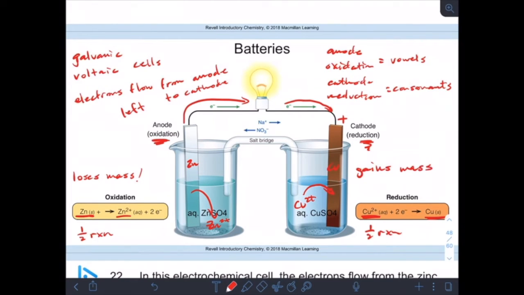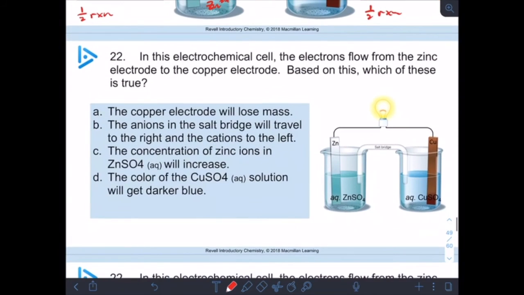In rechargeable batteries, if you apply some sort of external voltage, like plugging into your charger, you can force the reaction in the opposite direction. So your cathode loses mass and you rebuild your anode. Fascinating stuff.